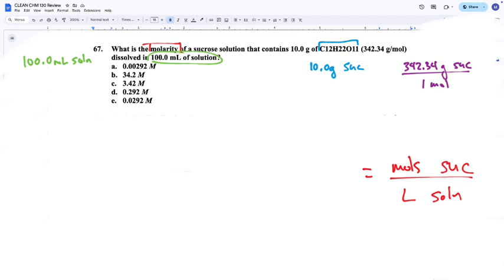So, what should I do? What do you see? Say again? Cool. You want moles of sucrose and you want it up here in the numerator? Okay, cool. Do you know the moles of sucrose?